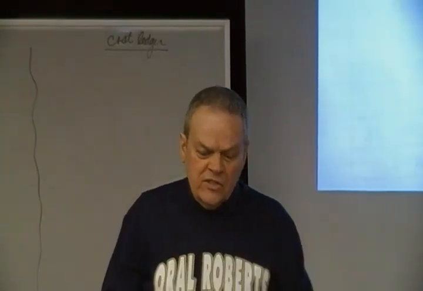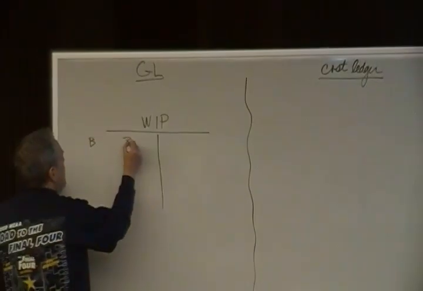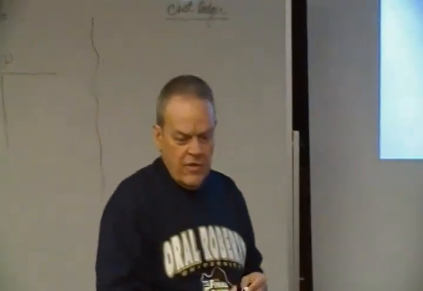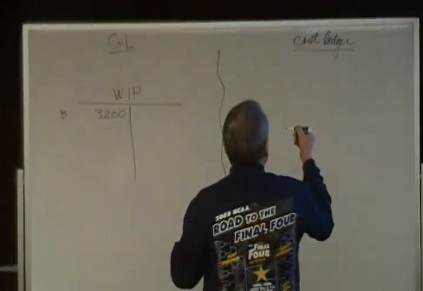I said I was going to depend on you, and I am, but I'm going to do some of it on my own. The company has a balance in work in process inventory of $3,200. Do you see where it says that in the opening paragraph? Yes or no? Yes. This is the beginning balance, $3,200, which consists of, the rest of that paragraph says, job 429, 2,000, and job 430, 1,200.